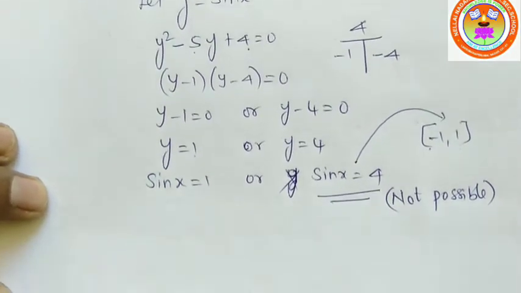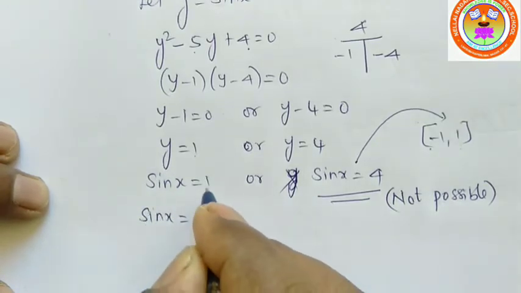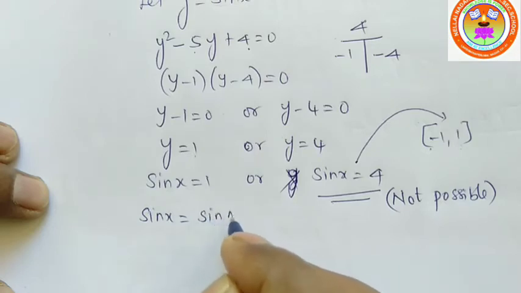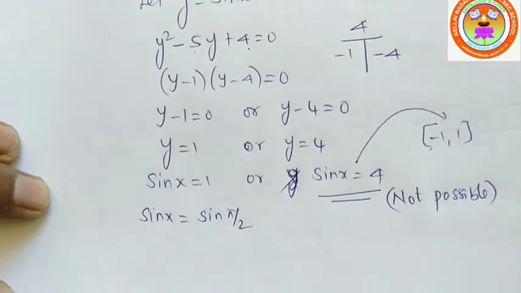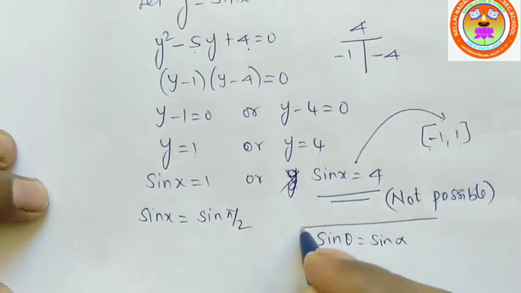Now solve this equation. That is, sin x is equal to 1, and this 1 can be written as sin 90. It is in the form sin theta is equal to sin alpha. We have already studied this in class 11.